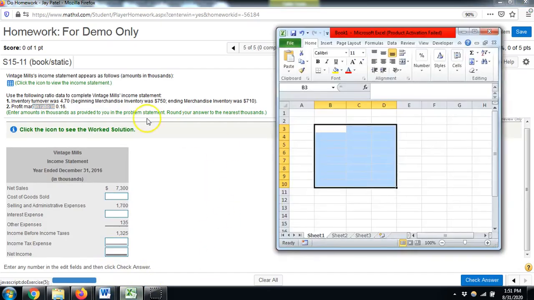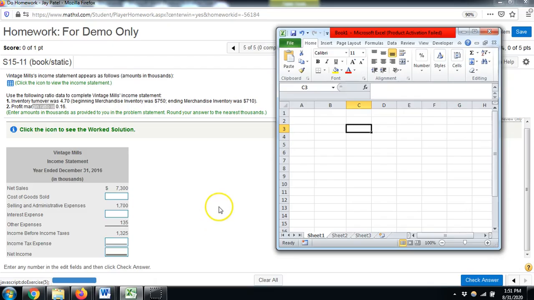So I think the first most obvious thing is the profit margin ratio. That's the simplest thing to calculate. So basically we know that the profit margin ratio is equal to the net income divided by net sales. So we basically can have our formula here, net income divided by net sales is equal to 0.16.